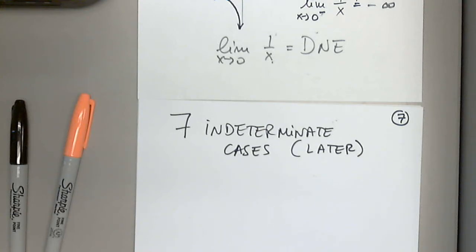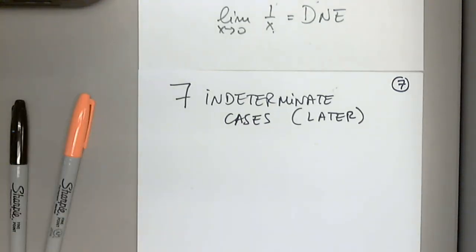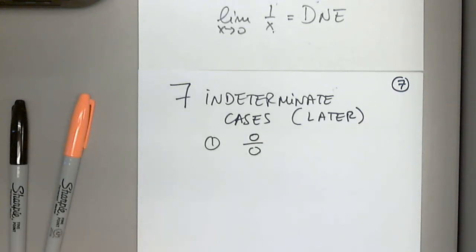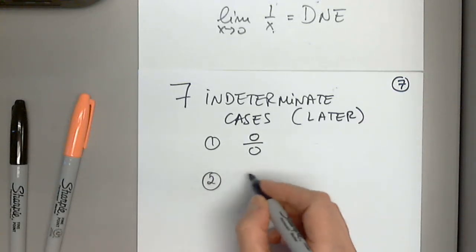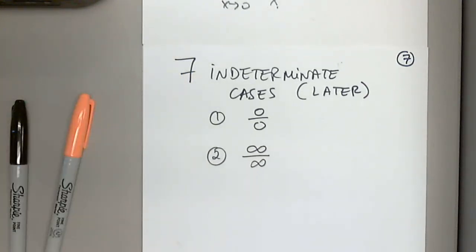I'm not talking about undefined situations. I'm talking about indeterminate cases that no one can predict. So I'm going to give you 2 examples, and then we'll add to this list. One will be 0 over 0. Here's another example, infinity over infinity. And there are 5 more.